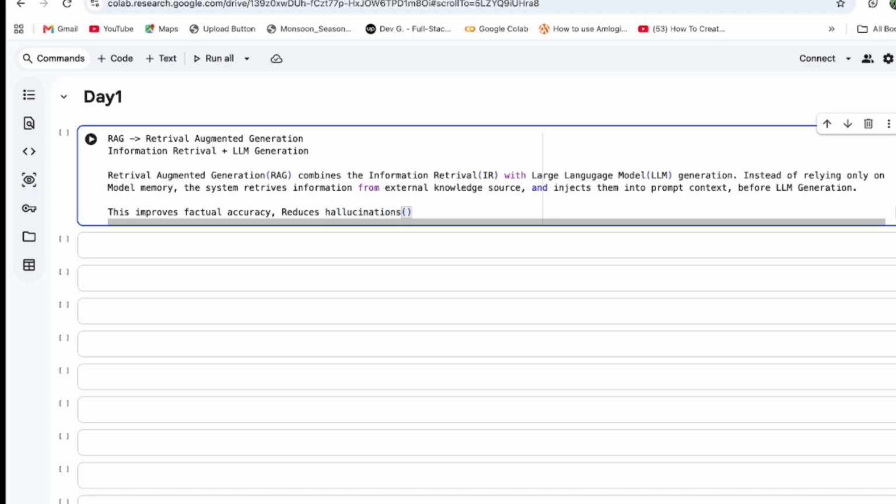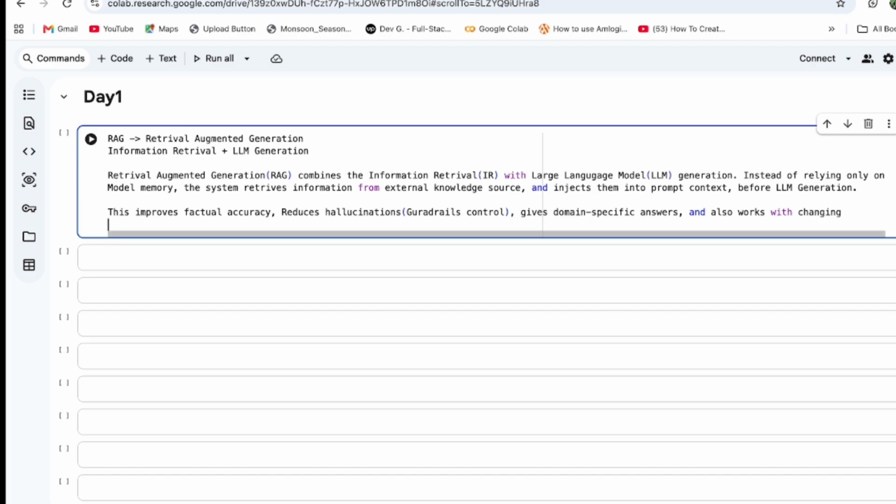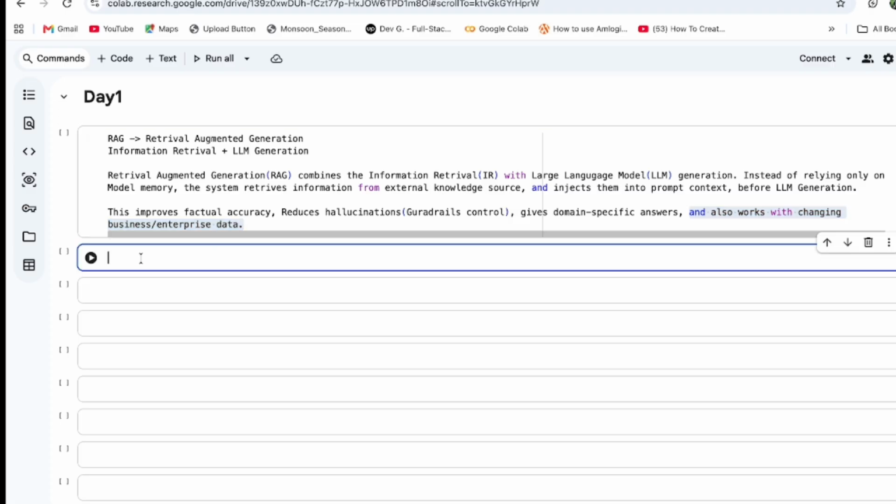We call this guardrails control, meaning preventing hallucination, and it gives domain specific answers and also works with changing business or enterprise data. Since our RAG system first queries our business data, it is able to work on changing business data.